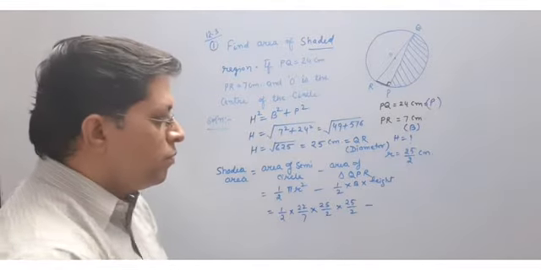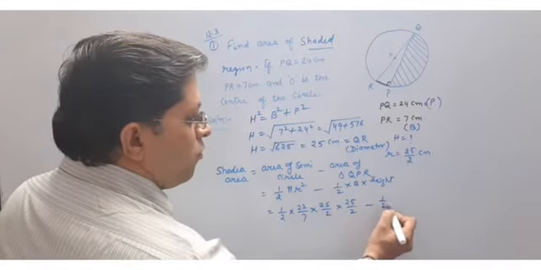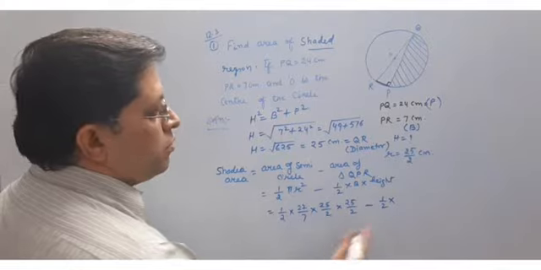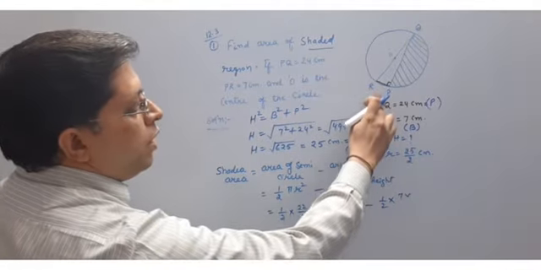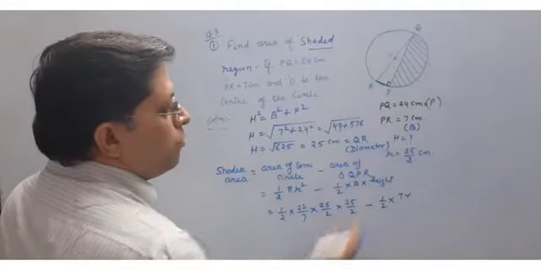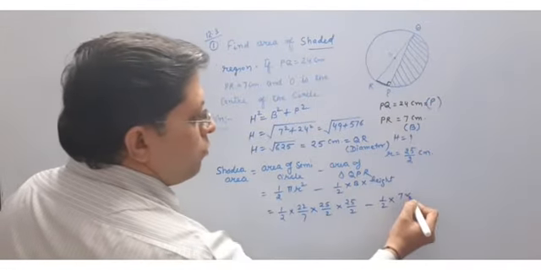Minus, what will come? Half. What is the base? Base is 7. Okay. Height is what? PQ. PQ is 24.